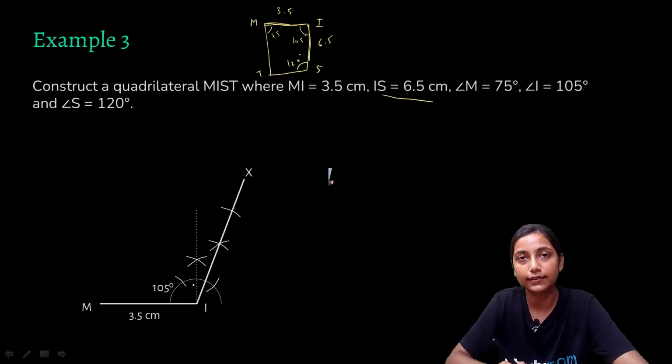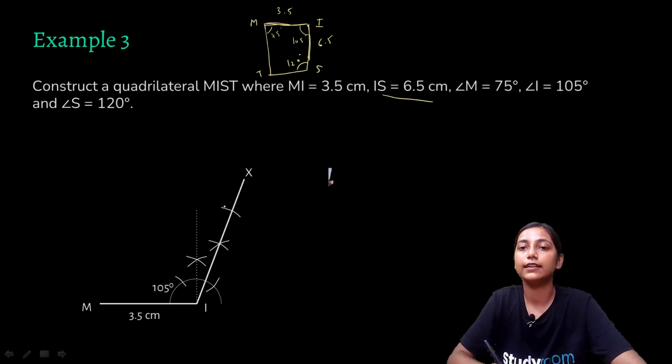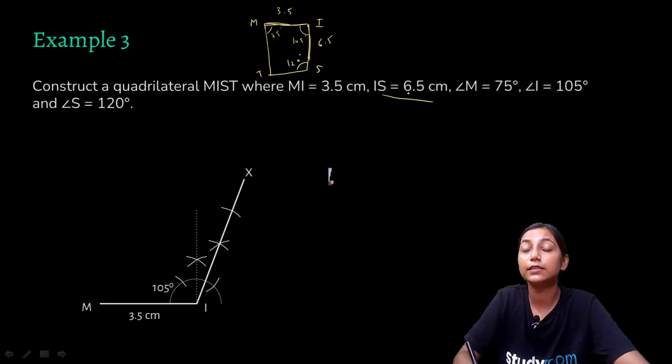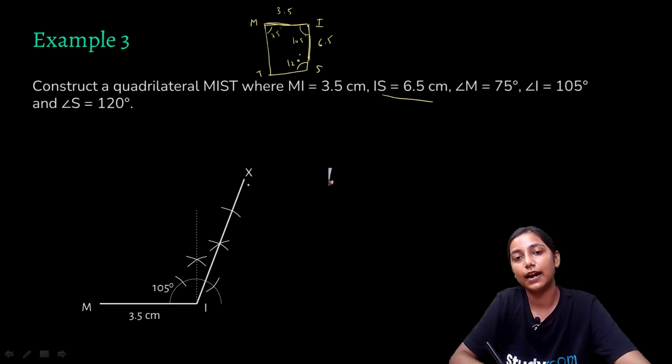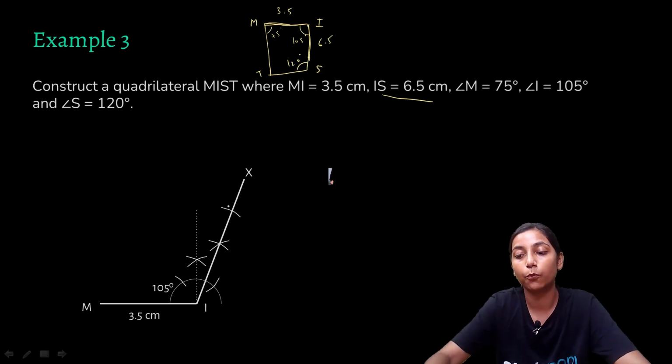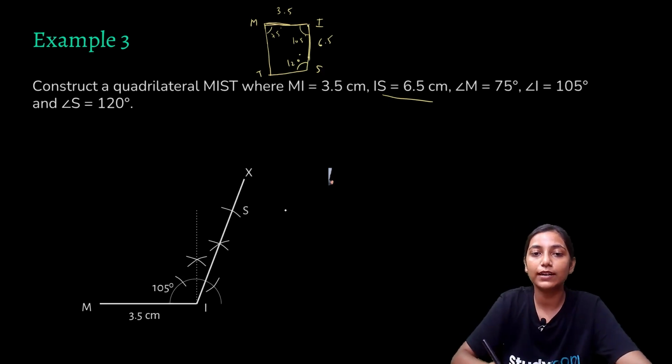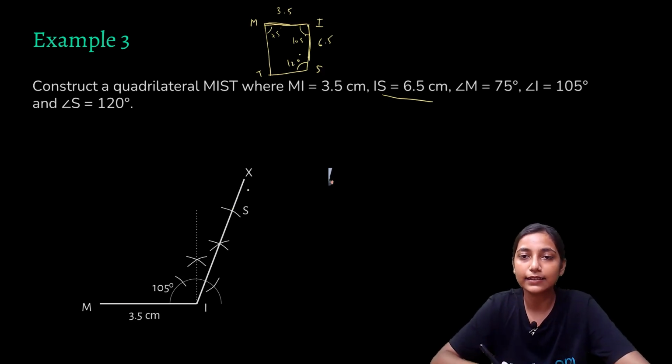You can draw it like this. Now on this extended line IX, taking I as the center, draw an arc of radius 6.5 centimeters, and wherever this arc intersects the line segment IX, that point will be our point S. So we have this point as S, and IS is coming to be 6.5, right?